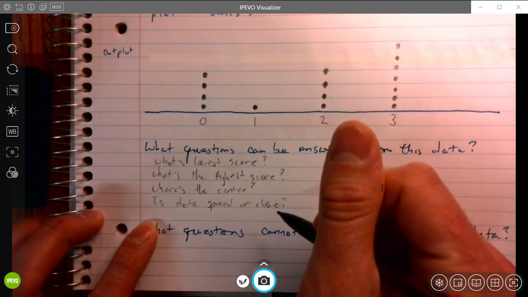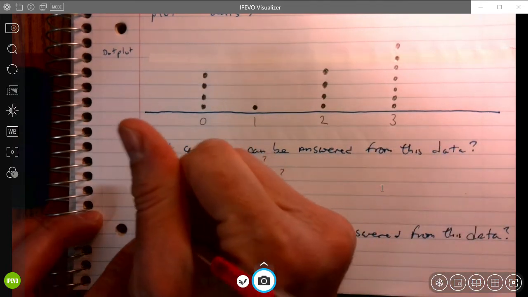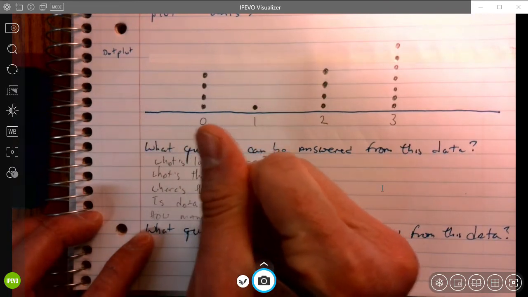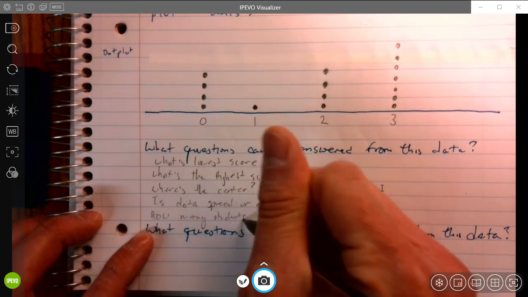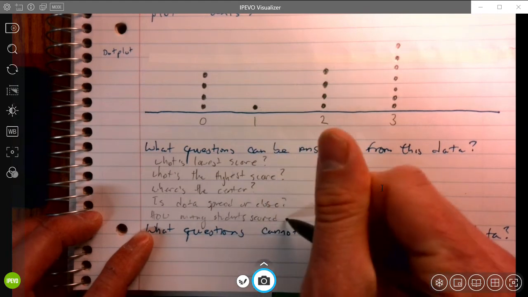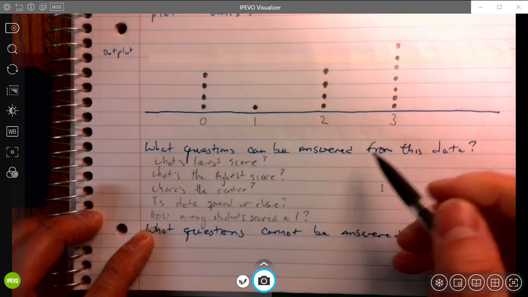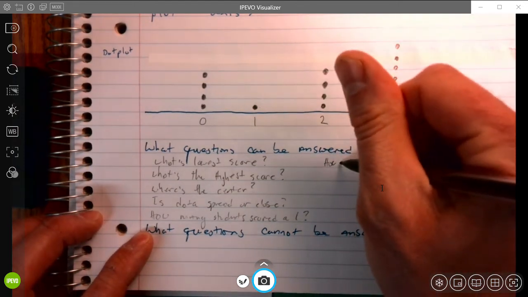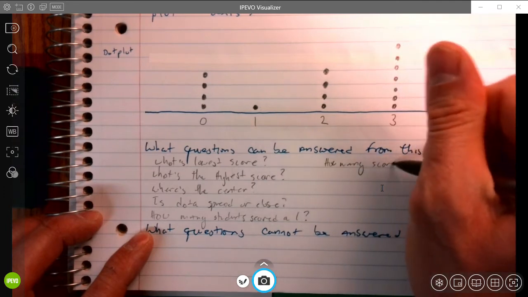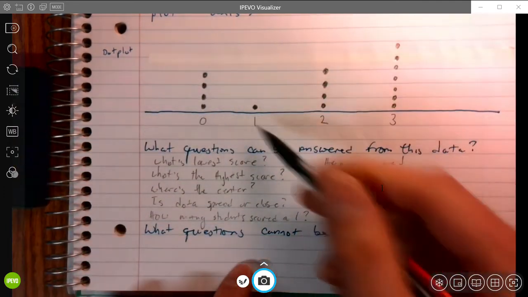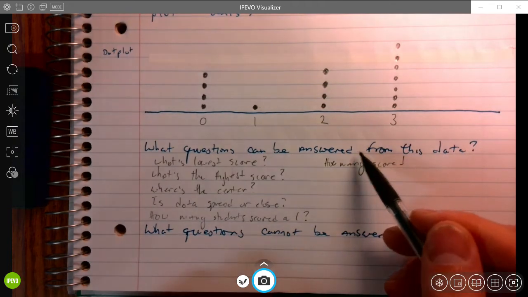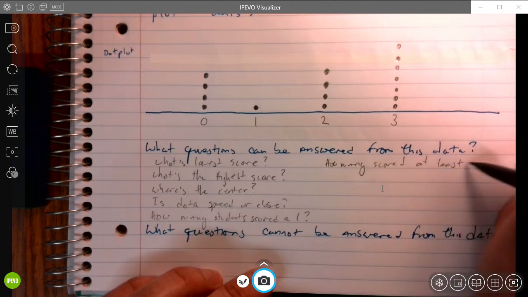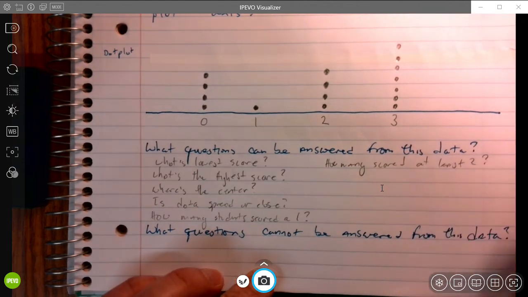Okay. How many students got a score of 1? 1. How many students scored at least a 2? So these are all questions that I can answer from this dot plot. Right?